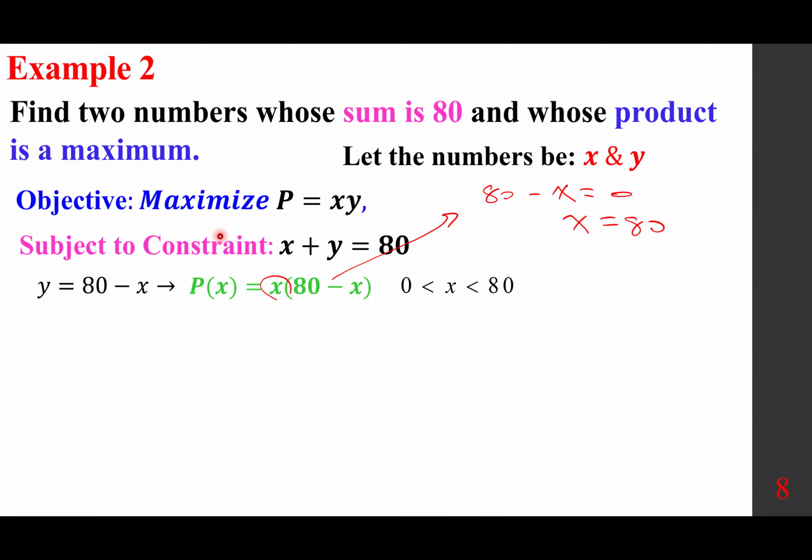So having said that, to move on to the next section, I'm going to distribute and I get 80x minus x squared. So I get it ready for critical points. To find critical points, we're going to differentiate P, which becomes P prime, which is 80 minus 2x.